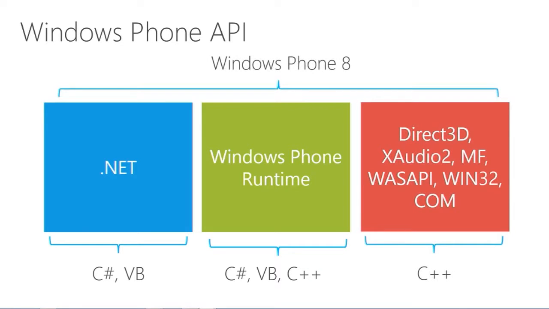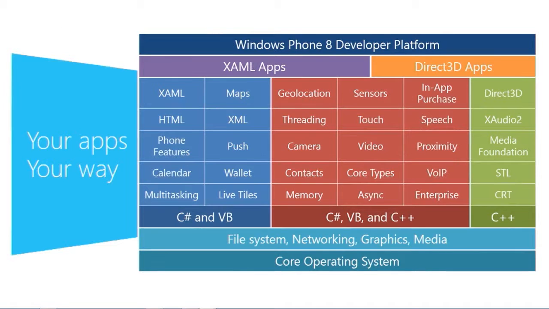And finally, especially if you need to talk directly to the metal, things like Direct3D, XAudio, all of that good stuff, you can do that, but you would do that with C++. What we're going to focus on today is really C#.